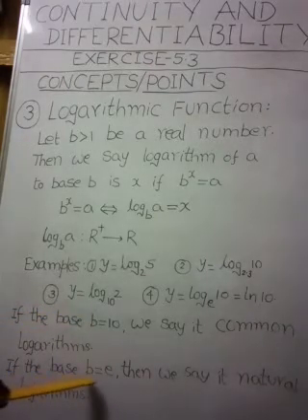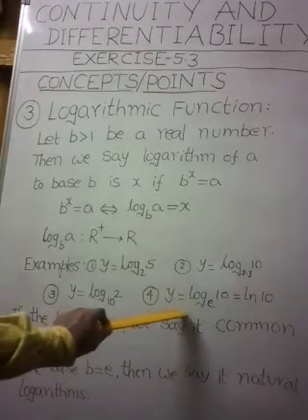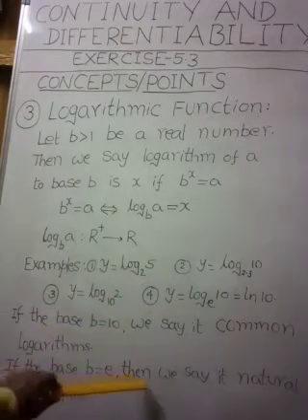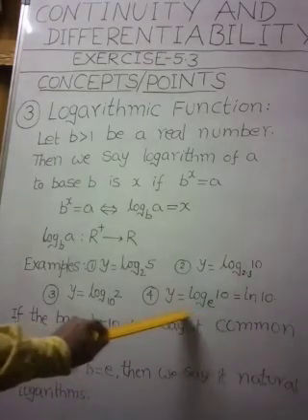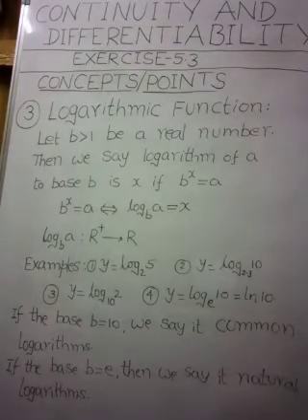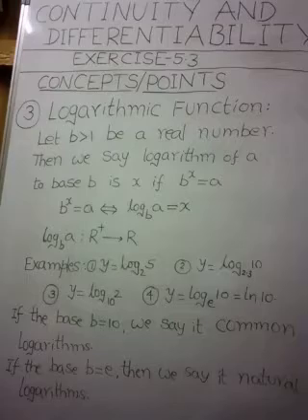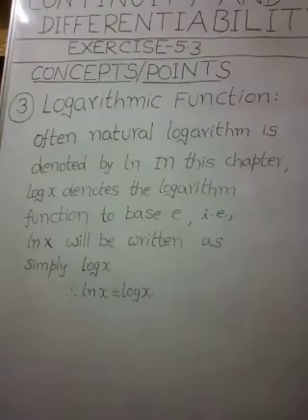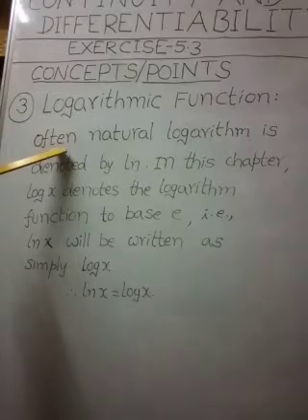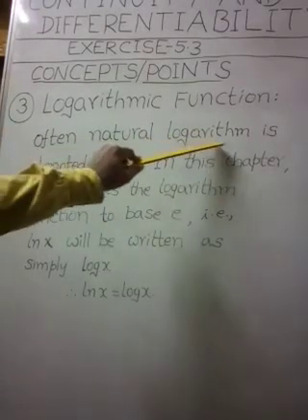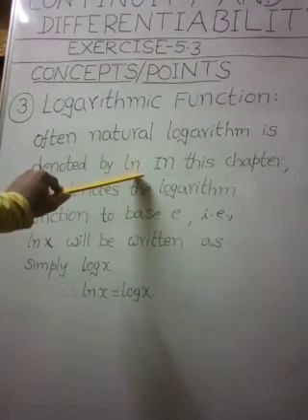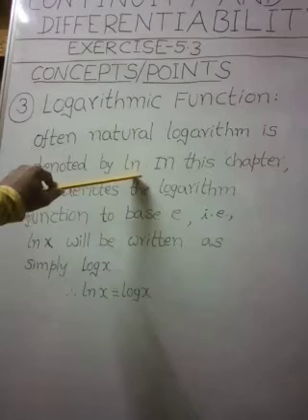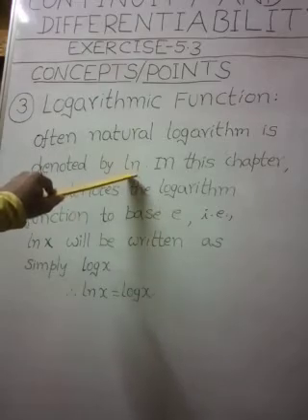Whereas if the base b is e, see the fourth example, then we say it is a natural logarithm, a natural logarithmic function. In general, the natural logarithm is denoted by ln, so this denotes the natural logarithm.